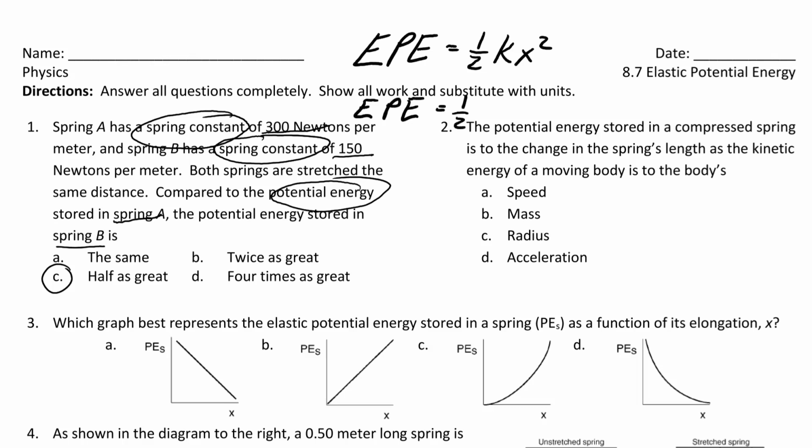They both have the 1/2 in the equation. This is for A, this is for B. You're not changing anything about this 1/2. It just happens to be 1/2 as great. It could have been 1/4 as great. It just so happens that the fraction is the same. So maybe the fact that the fraction is the same is confusing. You're just changing this variable. But you see, both equations have this 1/2.